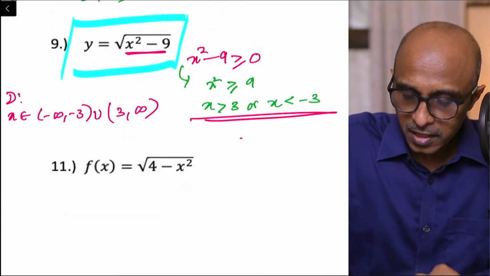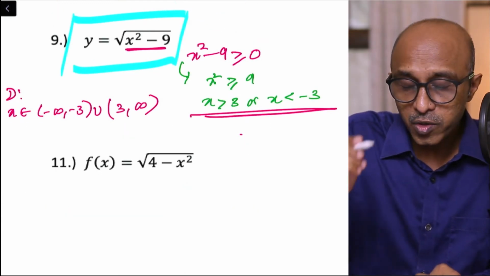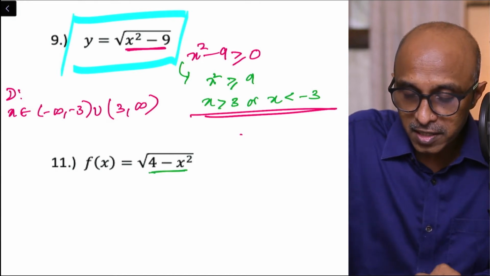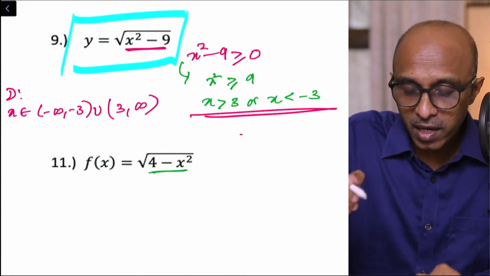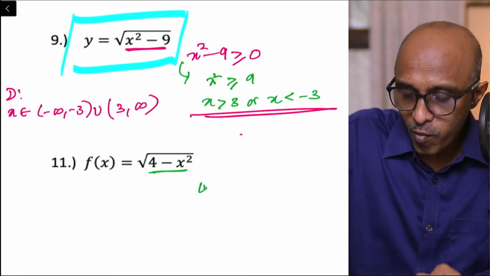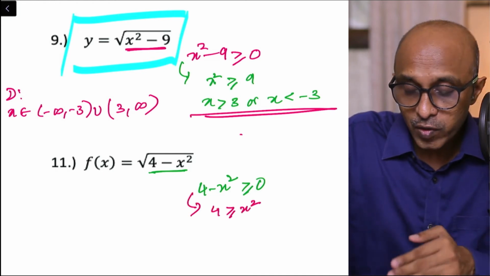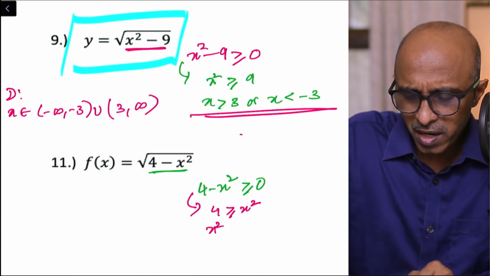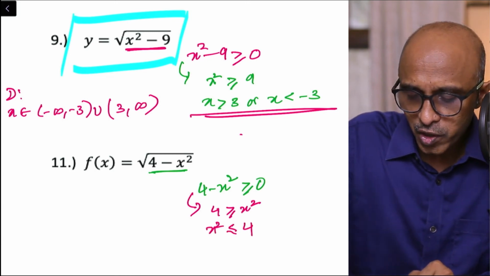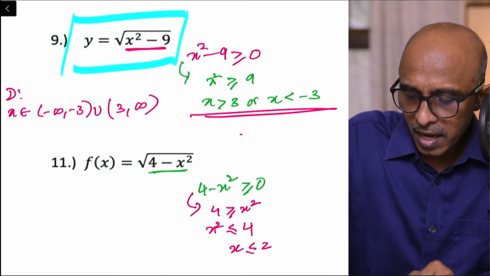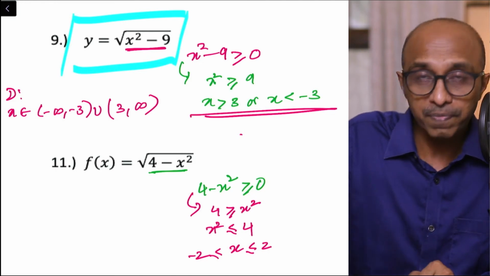Next example, this is f of x is equal to the square root of 4 minus x squared. Again, we look at the term inside the radical. The term this time is 4 minus x squared. The entire term must be non-negative. So when we solve the inequality, 4 is greater than or equal to x squared. And when we solve it further, this is the same thing as x squared less than or equal to 4, which gives us the values of x less than or equal to 2 and greater than or equal to -2.